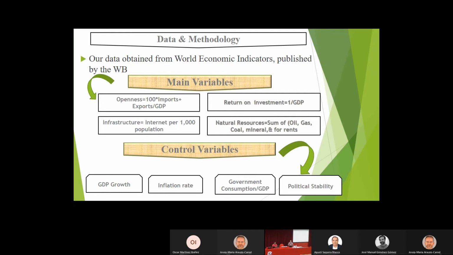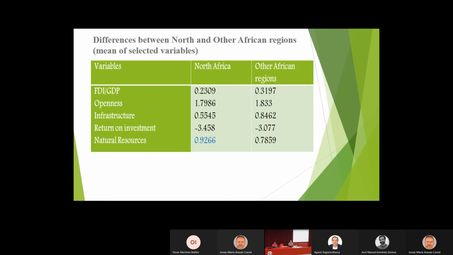And we have control variables: GDP growth, inflation rate, government consumption, and political stability. Here is the table of the difference between North Africa and other African regions. We are using the mean or average of selected variables.